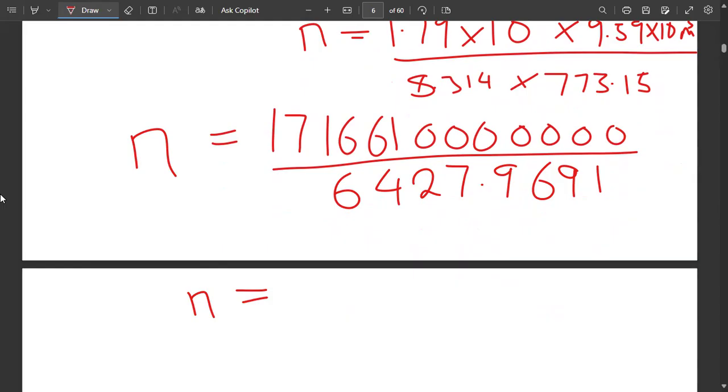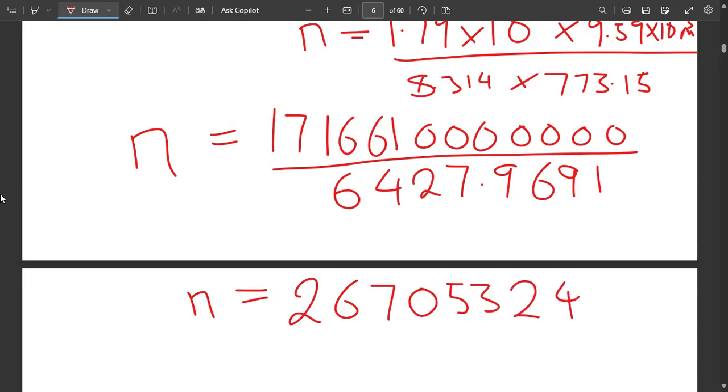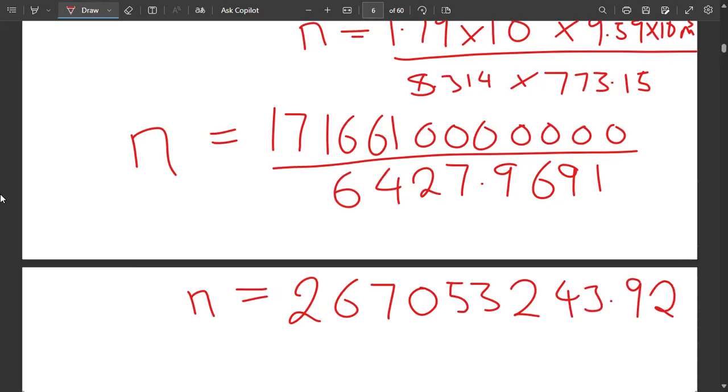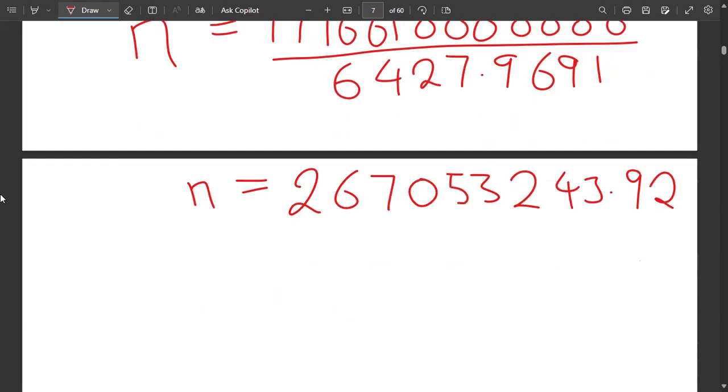Okay, so I'm getting 26. It's also a huge number. I'm getting the number of moles is equal to 267,053,243.92 moles.